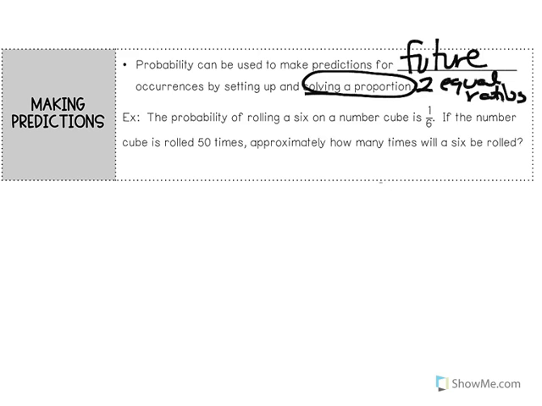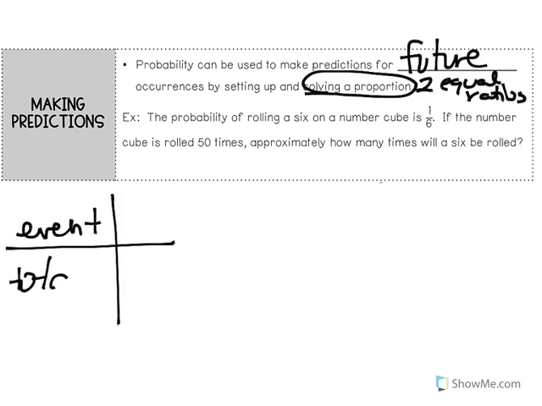And when you're talking about probability, you are always comparing the event versus the total outcomes. So your probability is already a ratio, and that's why we could write it as fractions. So when you're making predictions, you can always use that ratio to make a ratio table to help.